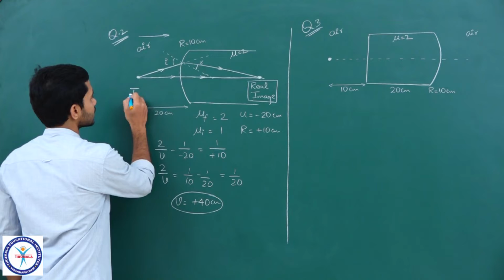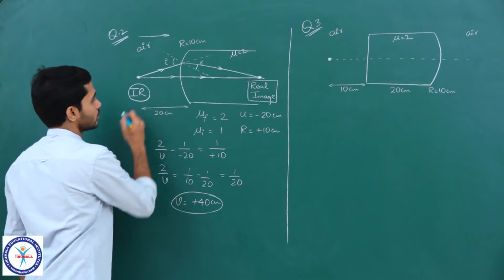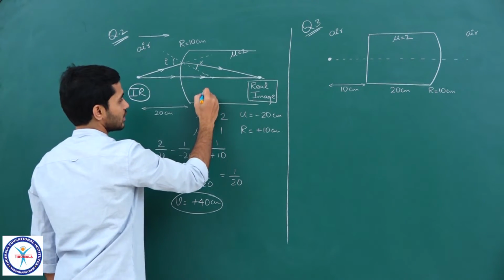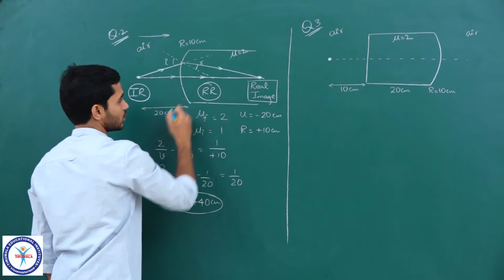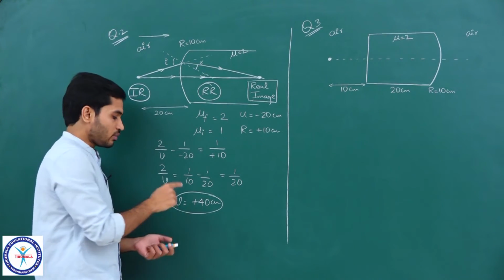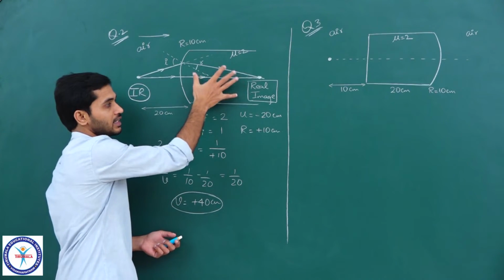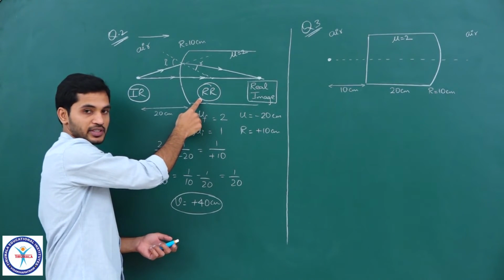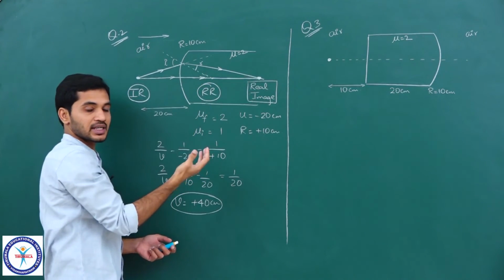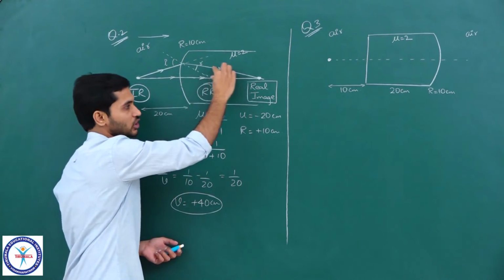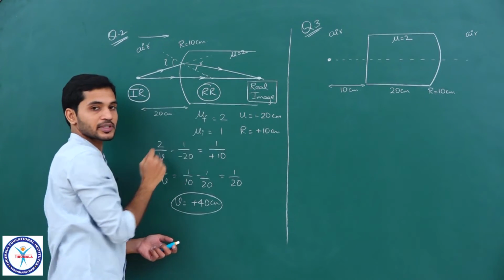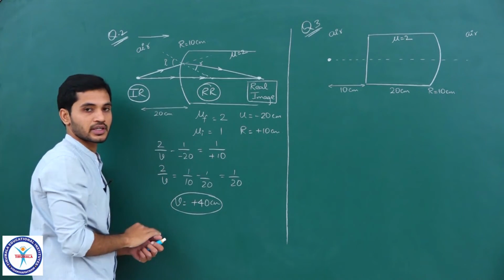Refracted rays are in this medium. Now, listen carefully. If the image is formed in the region where refracted rays are present, it means that the image is being formed by actual intersection of refracted rays. So, the image is real, clear.